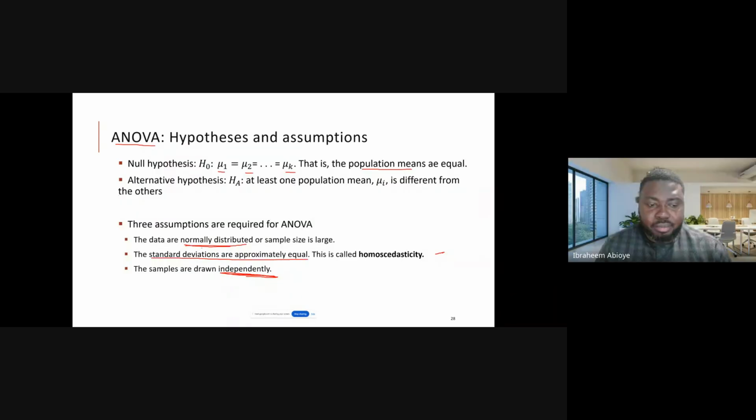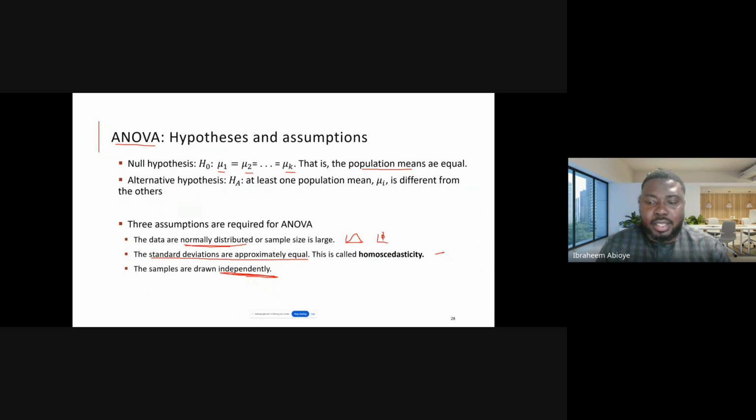Yeah, you're welcome. So the first assumption is that they are normally distributed, and I said the best way to do this is to draw the histogram or a density plot for the full population, or to draw the box and whiskers for the full population. Okay?